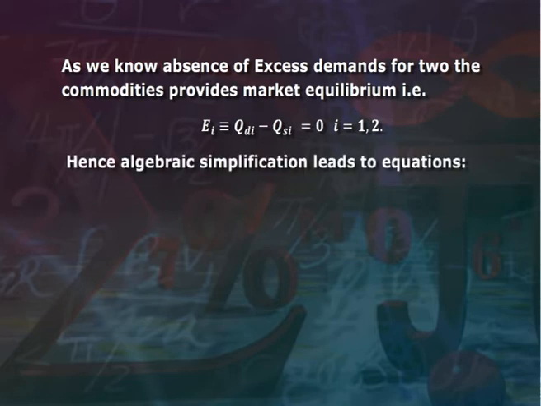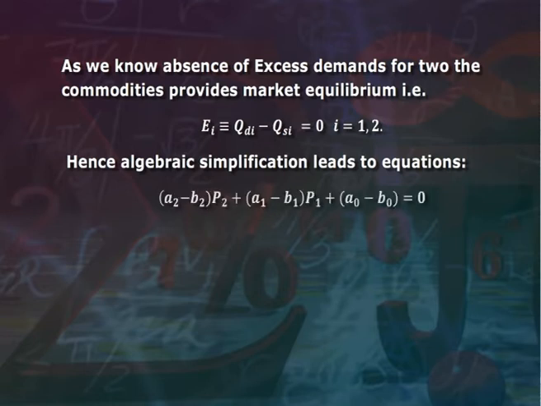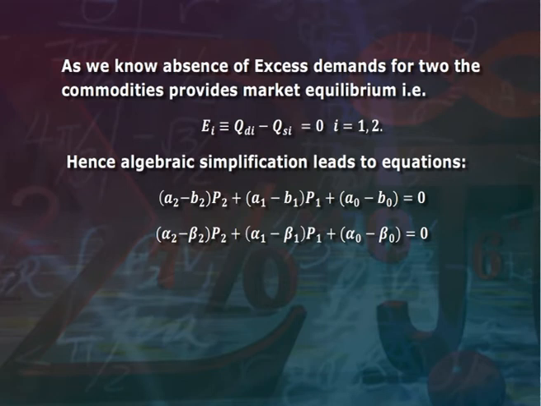Hence, algebraic simplification leads to the equations (A2 minus B2) P2 plus (A1 minus B1) P1 plus (A0 minus B0) equal to 0 and (alpha 2 minus beta 2) P2 plus (alpha 1 minus beta 1) P1 plus (alpha 0 minus beta 0) equal to 0.